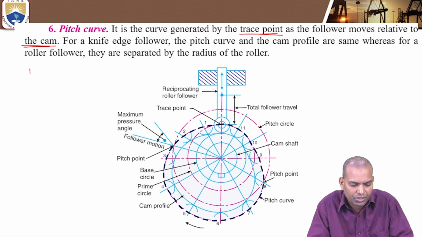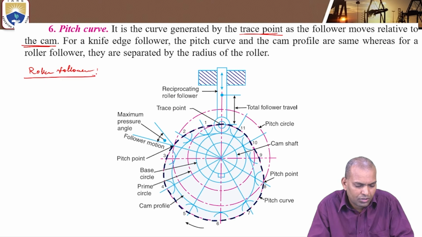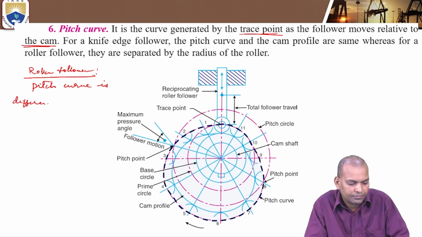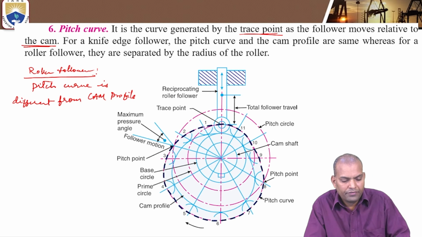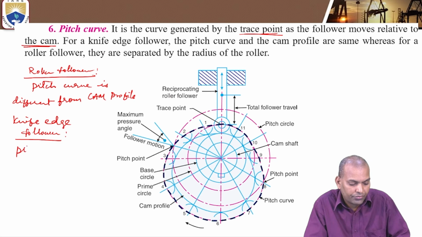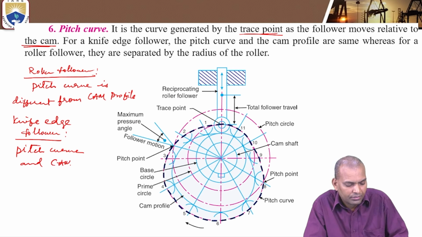For a roller follower, the pitch curve is different from the cam profile. And for a knife edge follower, the pitch curve and cam profile both are the same.